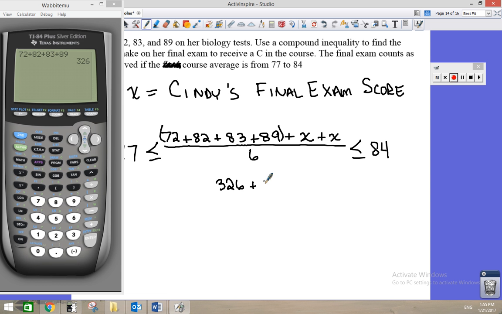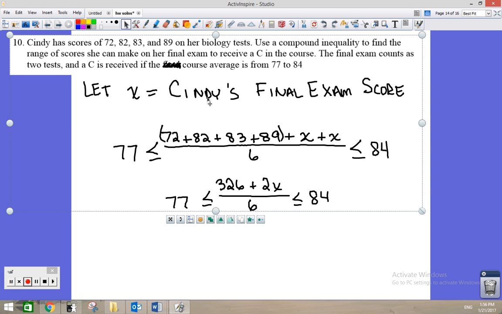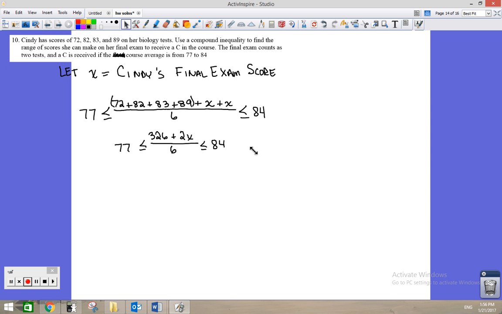And x plus x, well, that's 2 x's. And whatever number this fraction represents, we want it to be between 77 and 84. Let's shrink this up, give me some room to work.